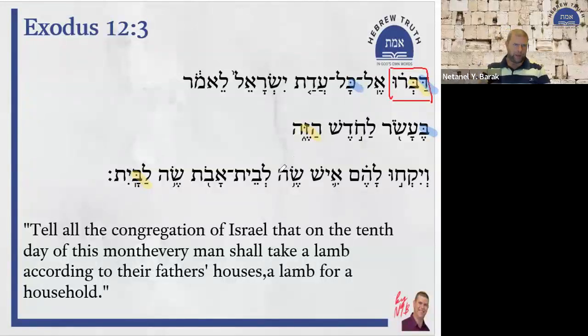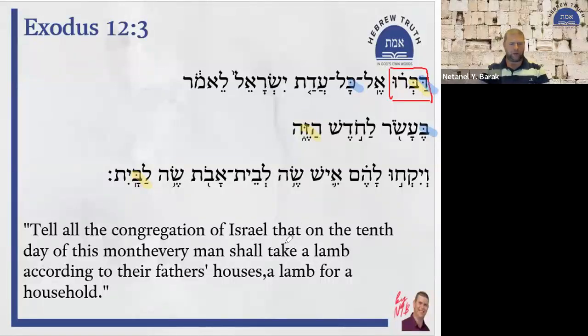But the common denominator of these weak dageshes is that they're not preceded by a vowel. And the strong dageshes are. So that's daberu. When we talk about the morphology of a word, the weak dageshes are irrelevant.